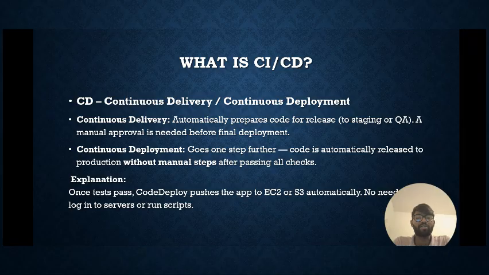Continuous deployment goes one step further. Code is automatically released to production without manual steps after passing all checks. Once test cases are passed, CodeDeploy pushes the app to EC2 or S3 automatically. No need to log in to the servers or run scripts.